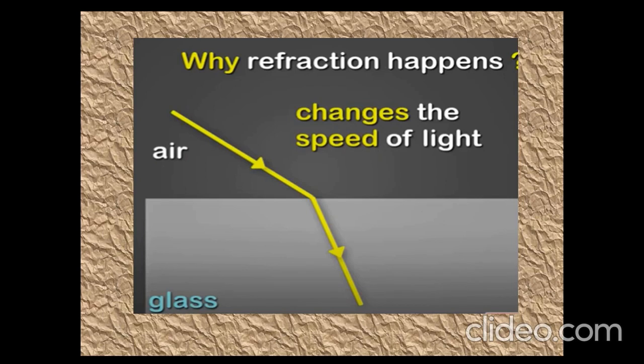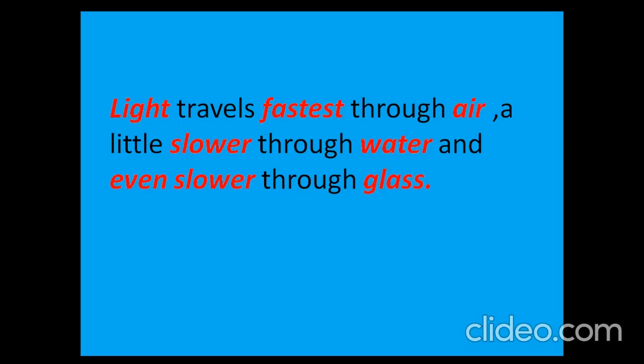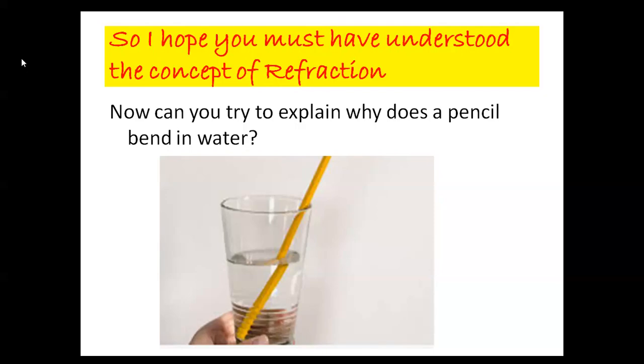The light moves in air with a particular speed, and when it goes to glass, the glass changes the speed of light. Light travels fastest through the air, a little slower through water, and even slower through glass.